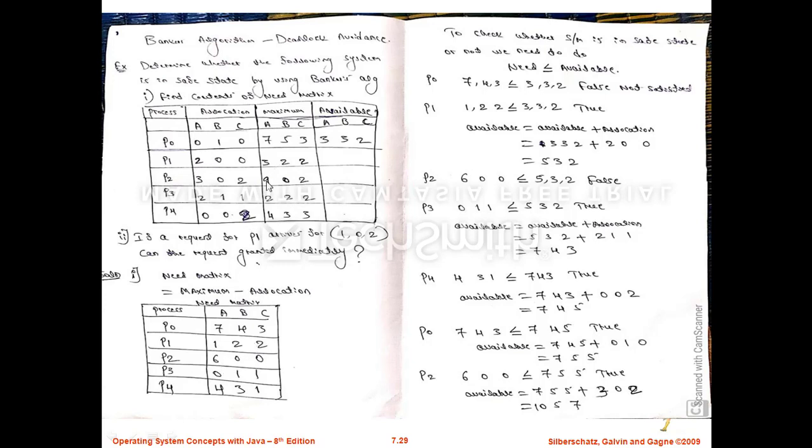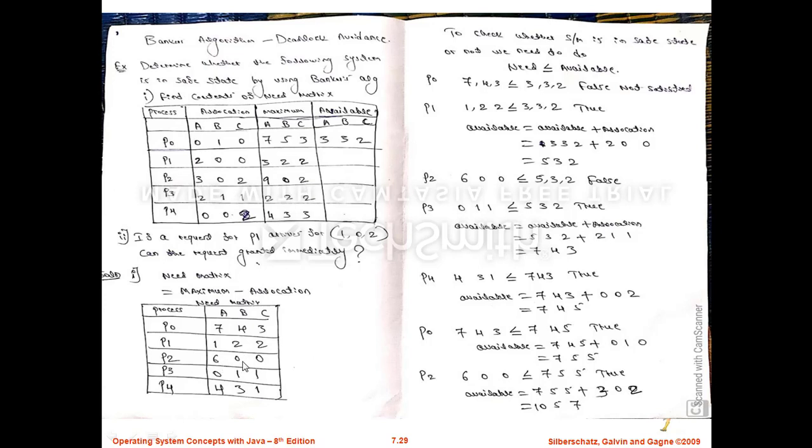In the same way, do this for the others also. For P2, the maximum they need is 9 copies of A, 0 copies of B and 2 copies of C. So 9 minus 3 already allocated is 6, then 0 minus 0, they don't need any B copies, then 2 minus 2 is 0.